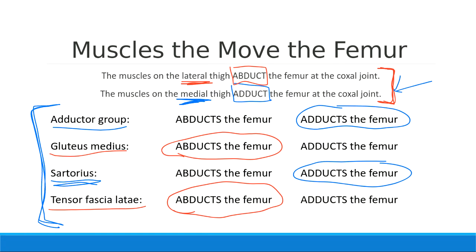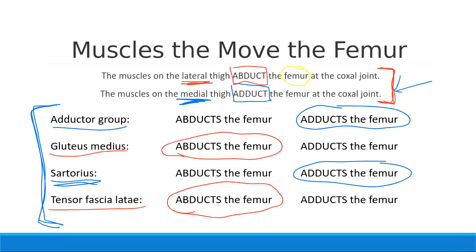When we talk about anterior versus posterior, those muscles primarily do flexion and extension. Now, what I maybe haven't emphasized enough to this point is we've been talking about moving the femur.